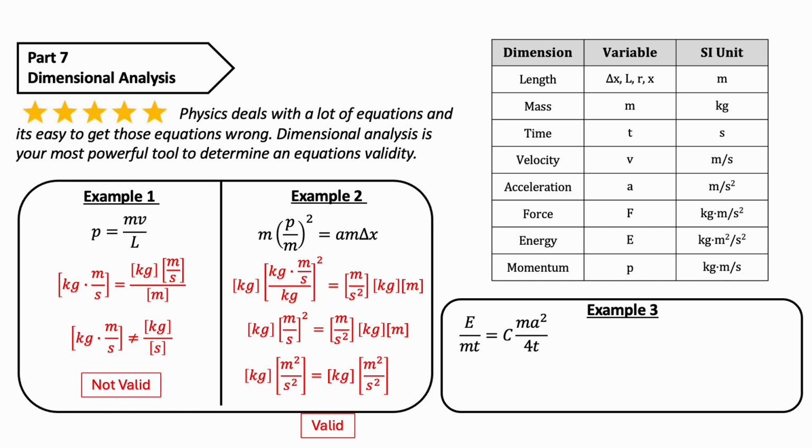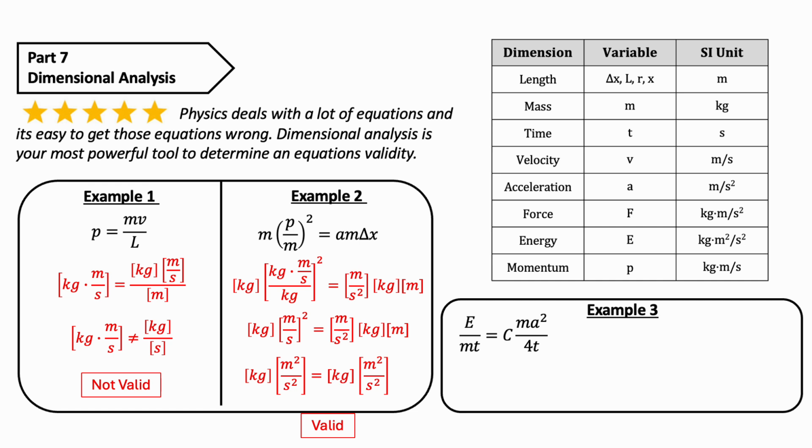All right, and the last kind of problem we're going to see with this dimensional analysis is solve for this constant, and the constant will always be labeled C. We're going to solve for what the units of C need to be to make this equation valid. So I have this complex equation here. We can make the units of C anything.